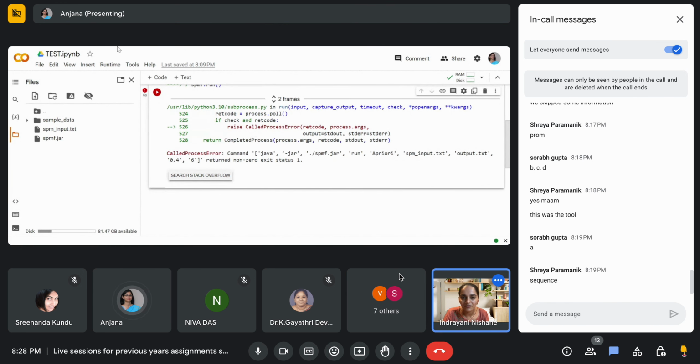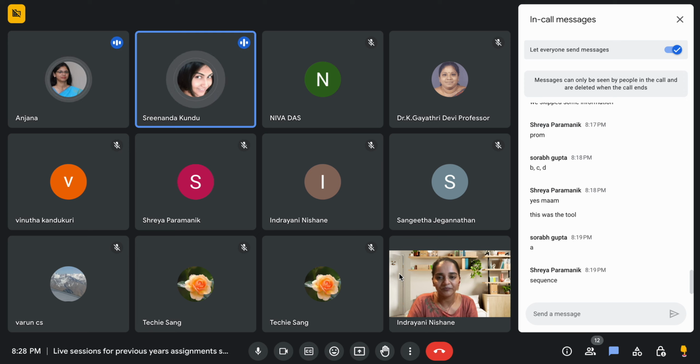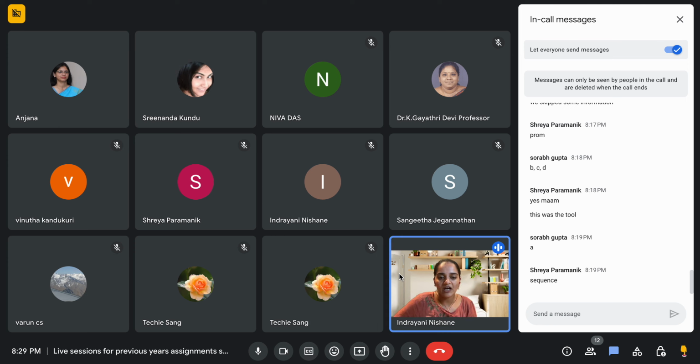It could be because, see, there are jar files, meaning Java files, and they are getting called in Python. So things are getting complicated. Yeah, I agree, things are complicated. So a jar will have Java, so just as you installed SPMF, make sure the latest version of Java is also installed.